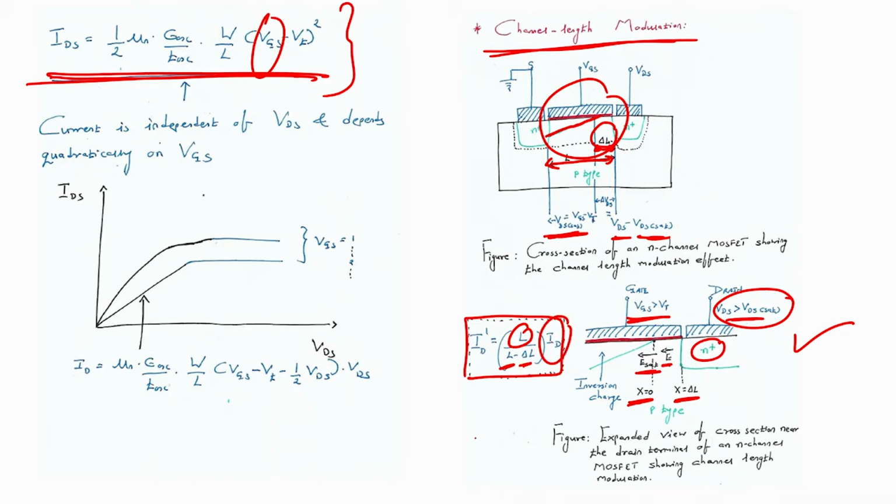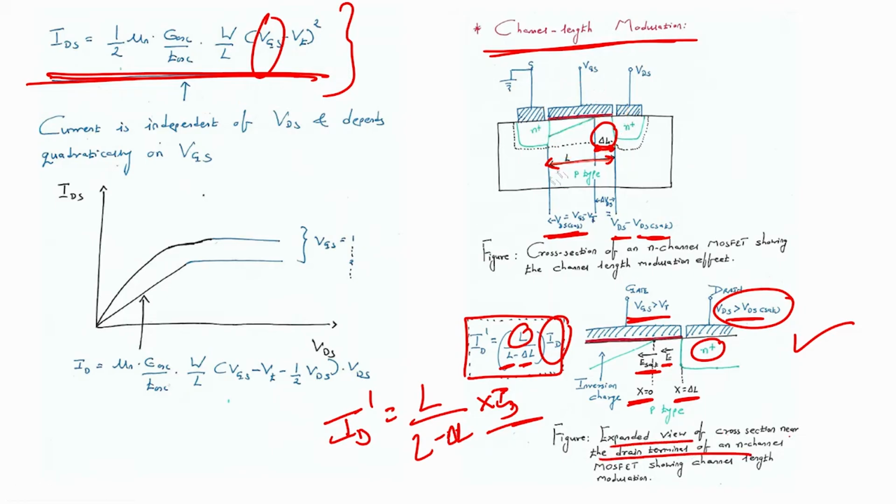So, in this particular case when we have to consider the channel length modulation, we have to consider the change in the channel into the current ID. Okay. So, this is the expanded view of the cross section near the drain terminal, this particular expanded view of this terminal like this, showing channel length modulation.